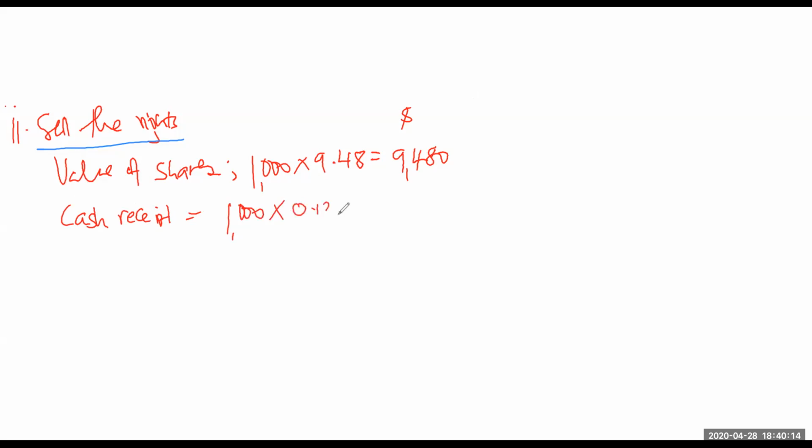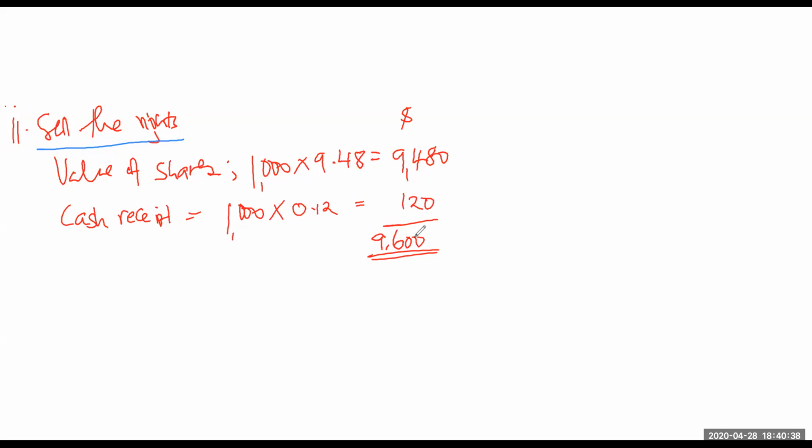It is 0.12. Then how much do you receive from the sale? You receive $120. Then we can see the wealth after was 9,480 plus 120, to give us 9,600. You can see therefore the wealth of the investor also remains constant if they decide to sell the rights to someone else.